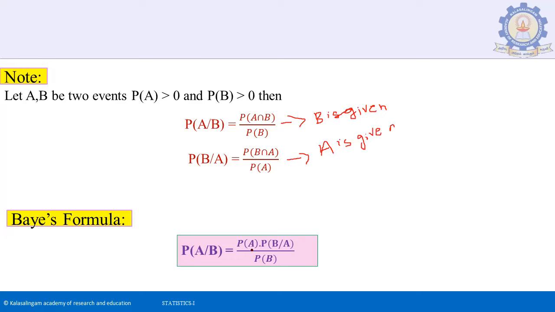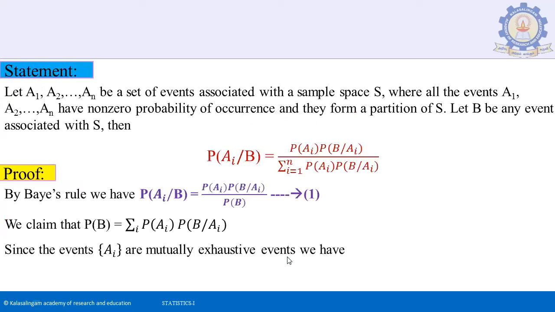Bayes formula: P of A given B equals P of A into P of B given A divided by P of B. Let's see the Bayes theorem statement. Let A1, A2, and so on up to An be a set of events associated with a sample space S, where all the events A1, A2, and so on have non-zero probability of occurrence.